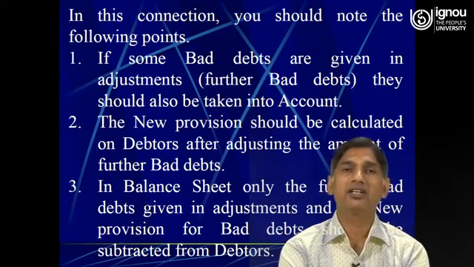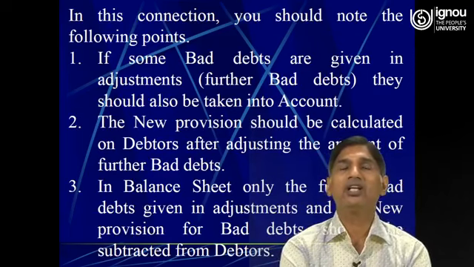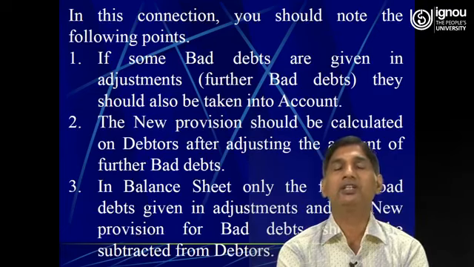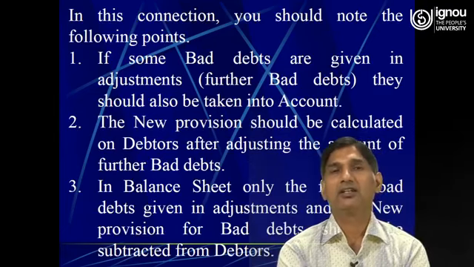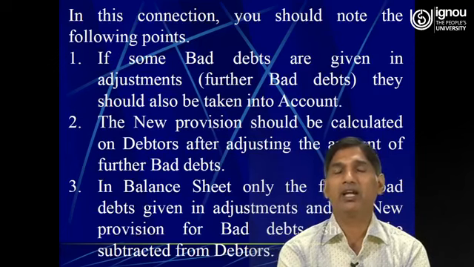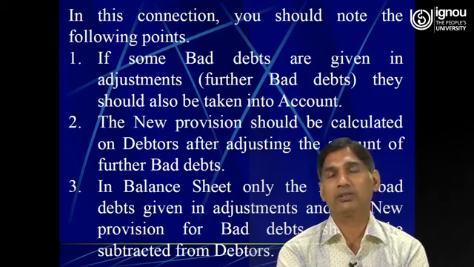Then the third one is the balance sheet, after further bad debts given in the adjustment. So the net amount which is to be shown in the balance sheet is very clear: from the amount of debtors which is given in the trial balance, two things must be subtracted.